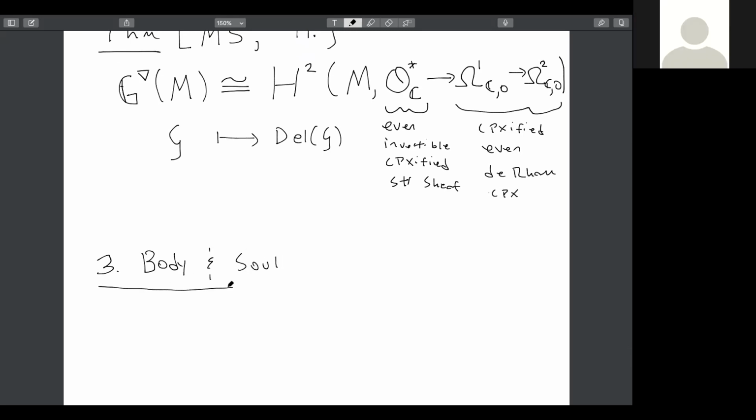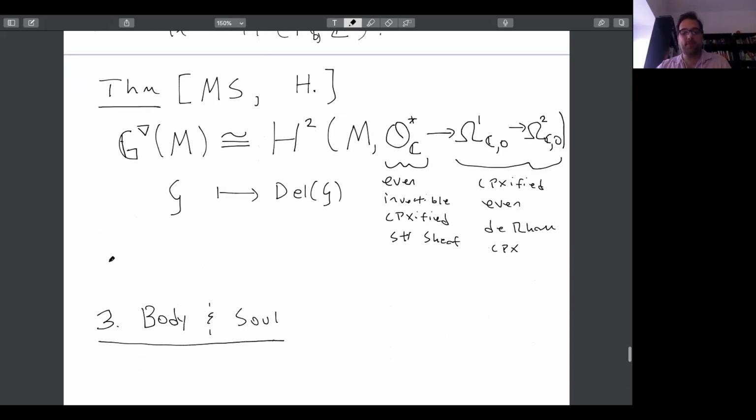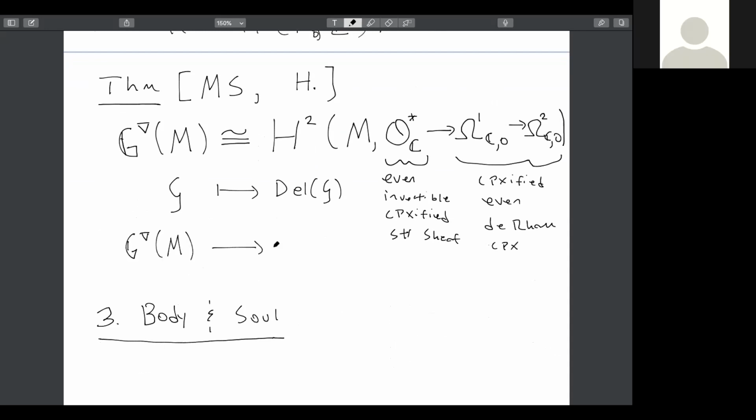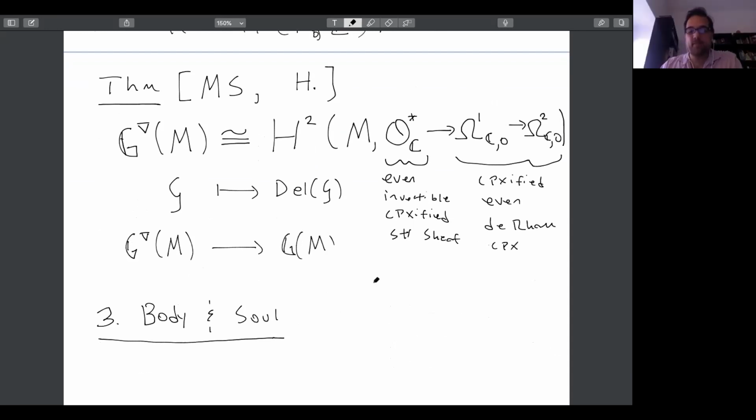John, before you go on, sorry, is there a concrete relation between the two classifications? Yes, absolutely. If you forget the connection, there is a map that just forgets the connection. And there's a corresponding map from the Deligne group into H3 with Z coefficients.